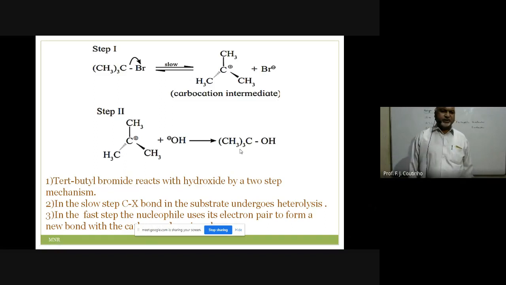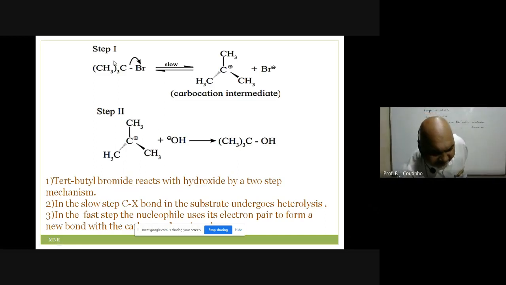Now, this tertiary butyl bromide reacts with hydroxide by a two-step mechanism. In the first step, a carbocation is formed, and in the second step, there is attack of the nucleophile on the carbocation. So, in the slow step, the carbon to halogen bond in the substrate undergoes heterolysis.